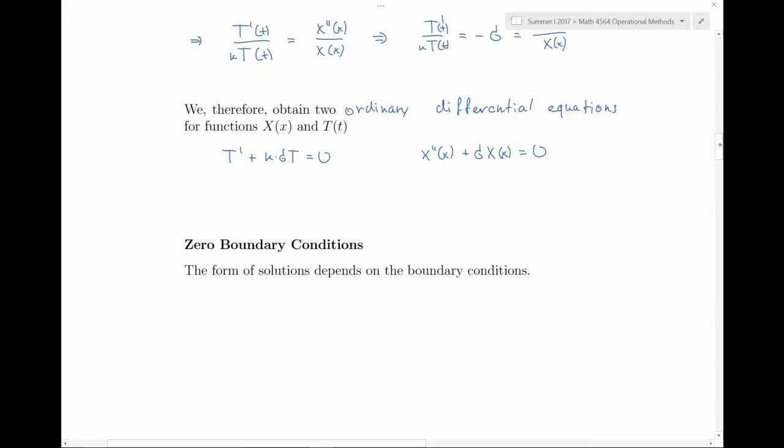The form of the solution for each equation depends on what sigma is and whether or not sigma is positive or negative. And also which solutions we have to choose depends on boundary conditions. So we'll have to consider each case of each boundary condition separately.